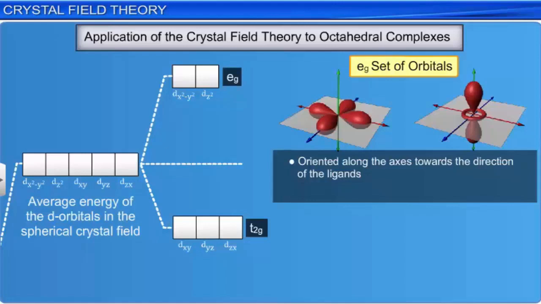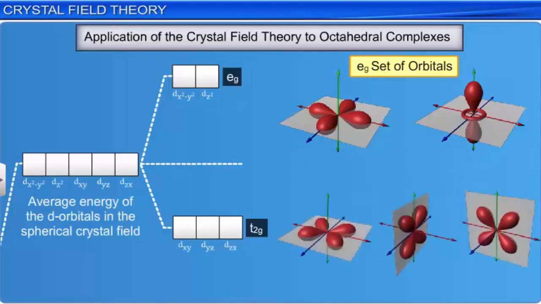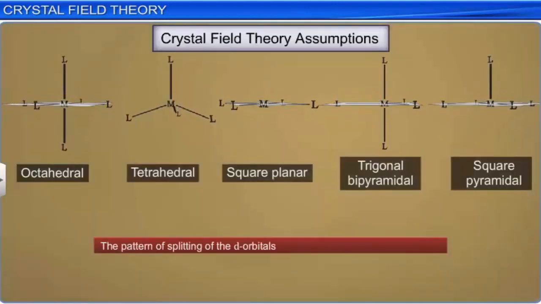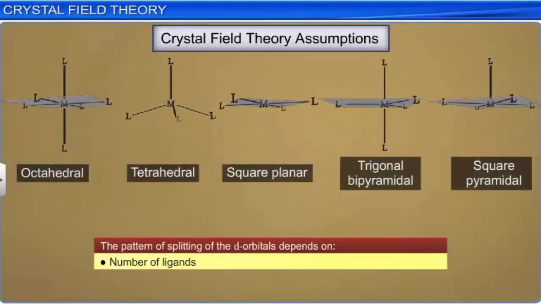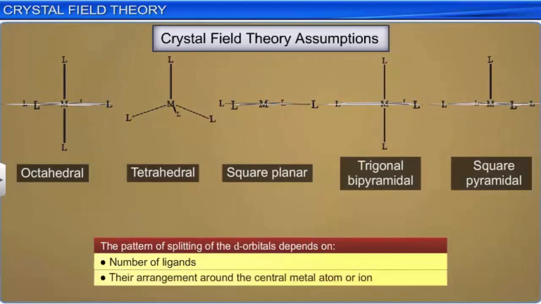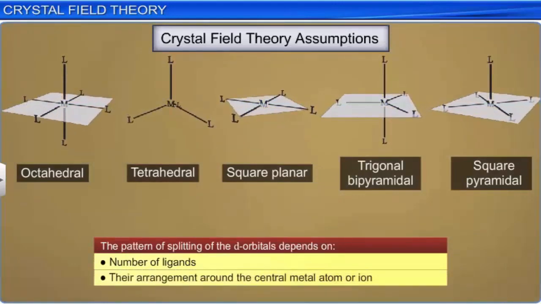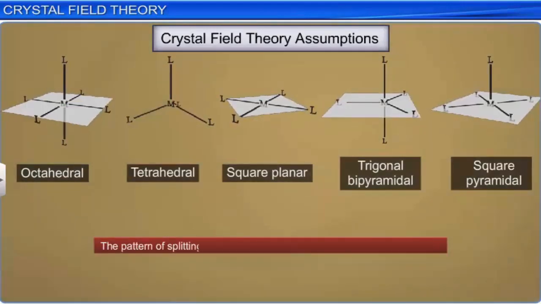See this, we know the geometry of the complexes. Complexes with coordination number 6 are octahedral. If the coordination number is 4, they are tetrahedral or square planar.